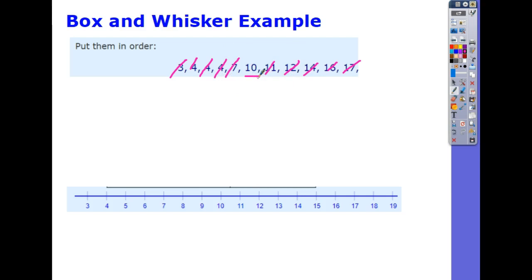And so that number in the middle, this number right here, is the median. The median is going to be the middle of my box and whisker plot. And so the median is going to be right here at 10.